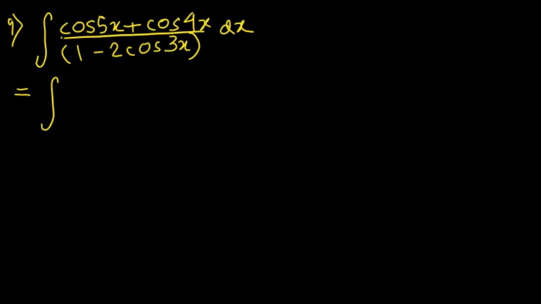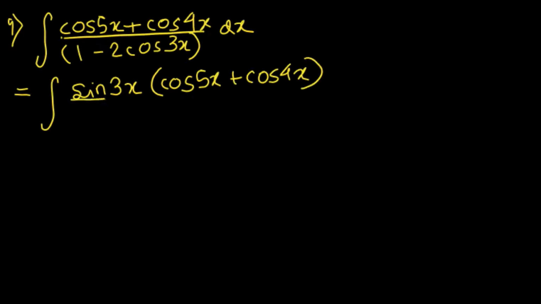So integration, I am multiplying both numerator and denominator by sine 3x. So multiplying numerator by sine 3x is sine 3x into cos 5x plus cos 4x, by, similarly, denominator by sine 3x.